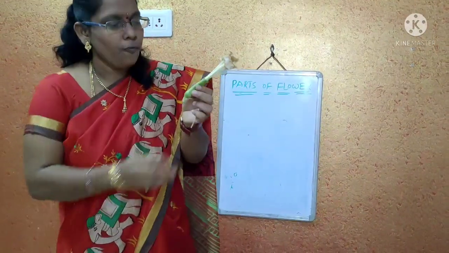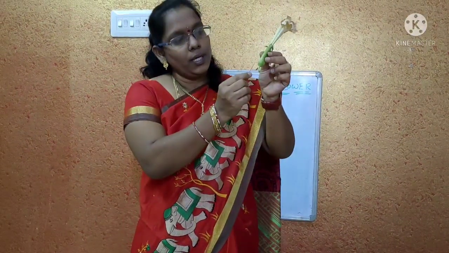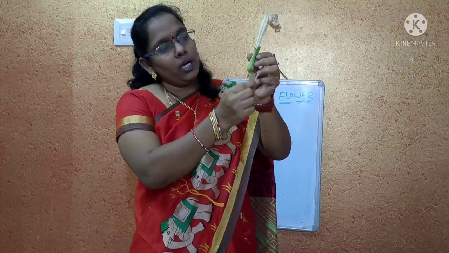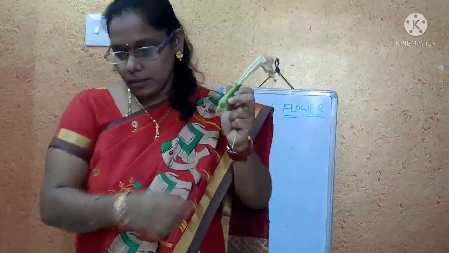Now, the first and outermost layer, the first whorl of the flower, is the calyx.